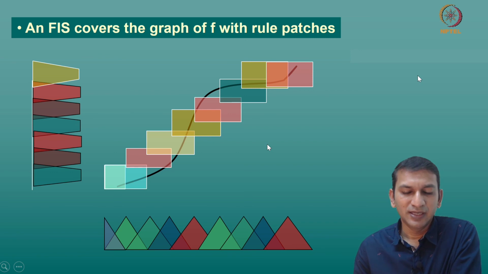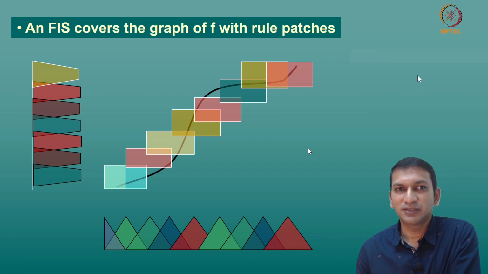That's the first thing. The second thing that you would see is, when you apply any choice of the defuzzification function that you take, even if this function were to remain within these rule patches, the final function that you would get may not exactly match this.